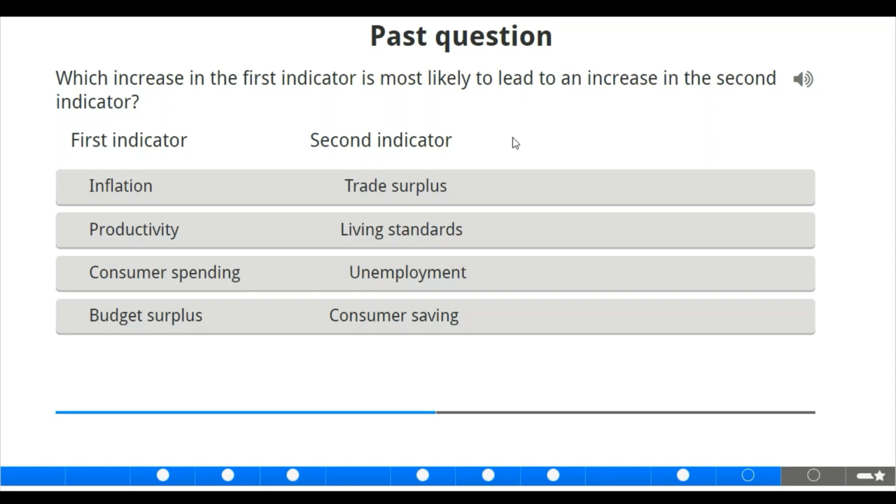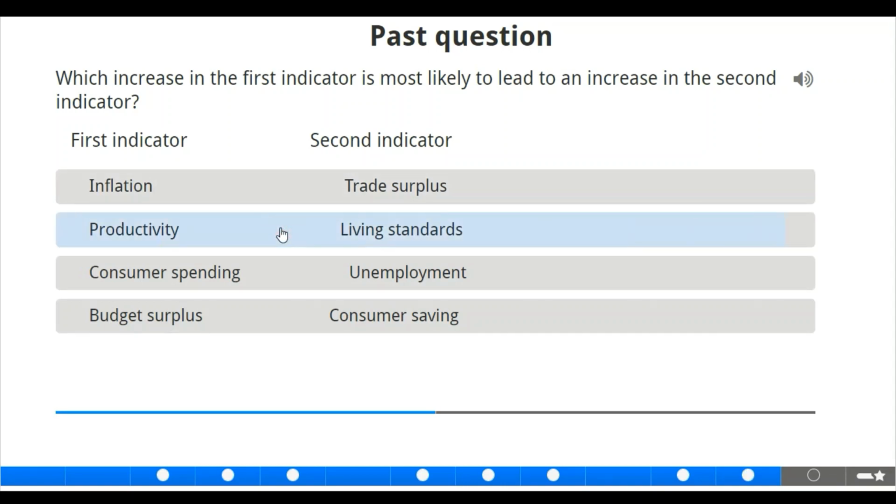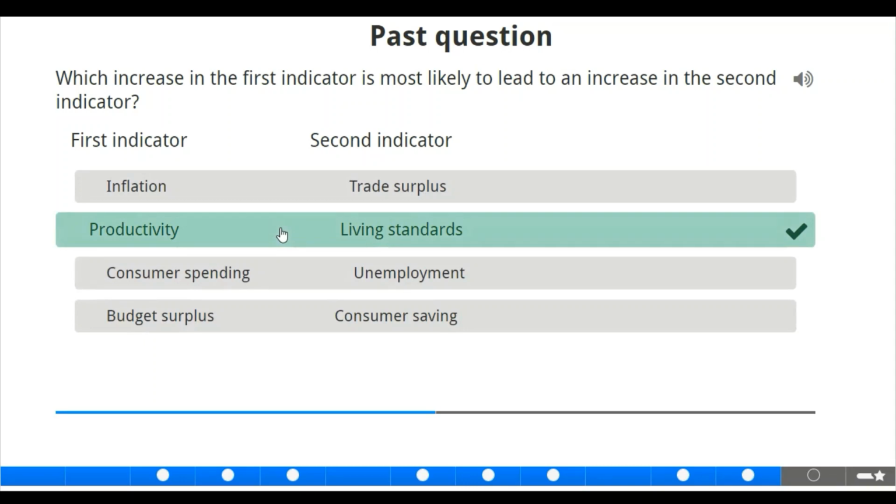And the third one, we have consumer spending, which leads to an increase in unemployment, or the budget surplus leads to an increase in consumer saving. And our question here says, which increase in the first indicator is most likely to lead to an increase in the second indicator?